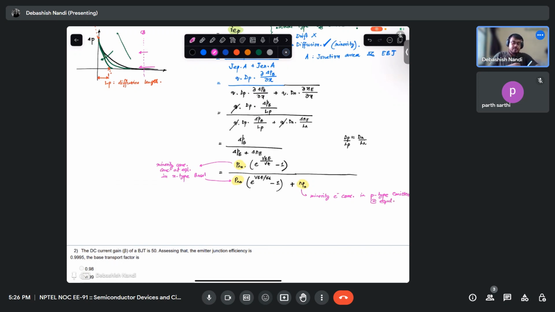This we know from the PN junction theory. So you can write it also in the same way, to the power V_BE over V_T minus 1, right? So we can see that these things can be cancelled off. So what will we be left with? P_n0 over P_n0 plus N_p0.